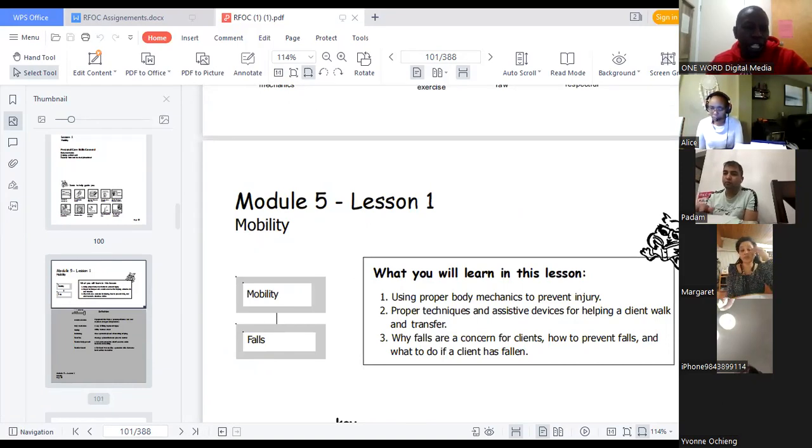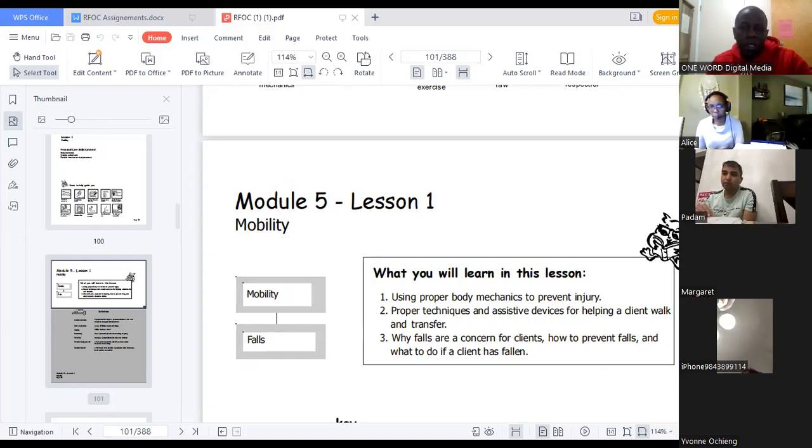So if you are not doing your job in a professional manner, you may find yourself, instead of helping the client properly, putting the client into more danger or into more problems. So by the end of the lesson, you should be able to use proper body mechanics to prevent injuring yourself and also injuring the client.